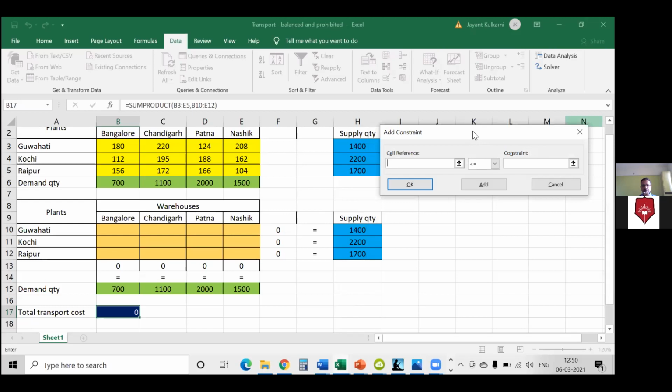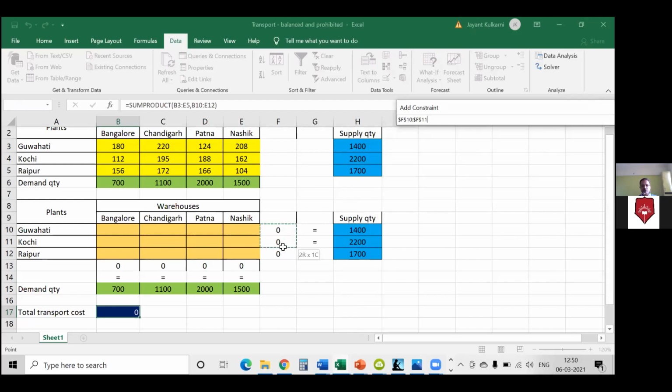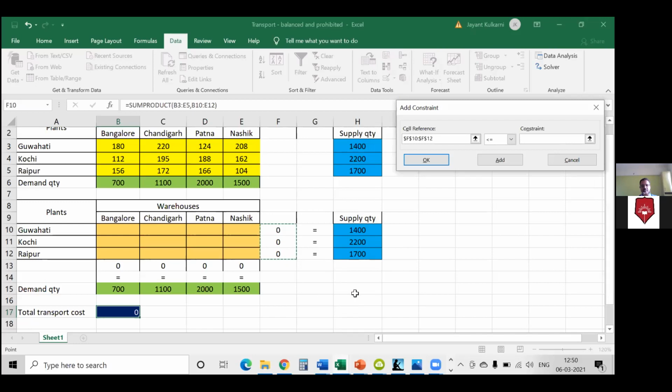So let me add the first set of constraints. I click on Add. I select these three cells because I want each of these cells to equal each of these cells. Then in the equality sign, I select is equal to.